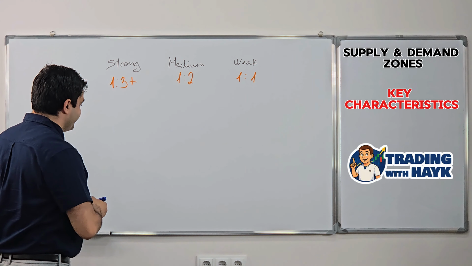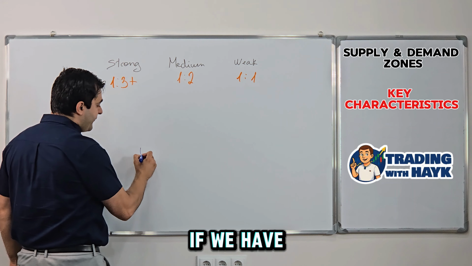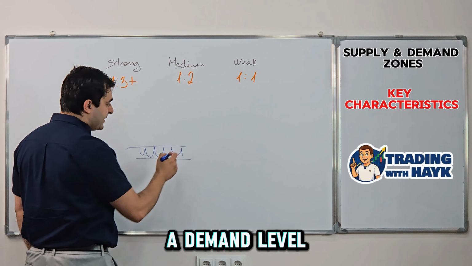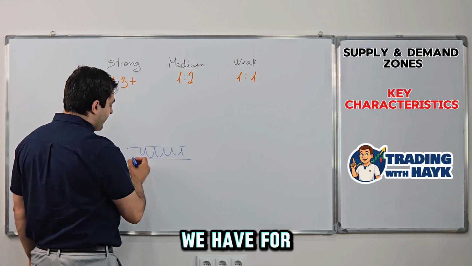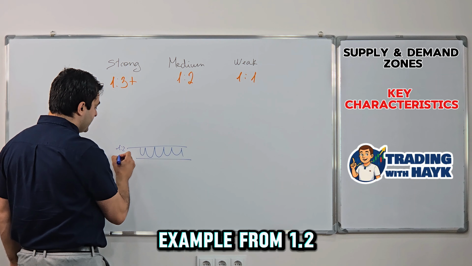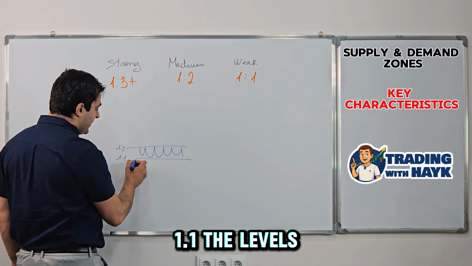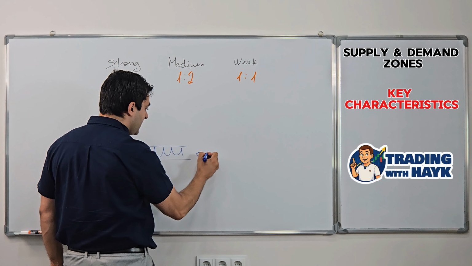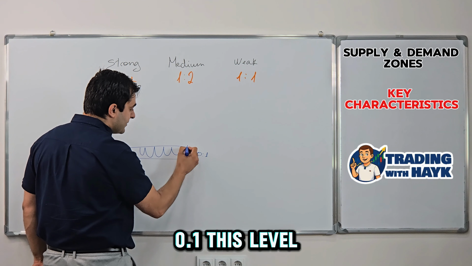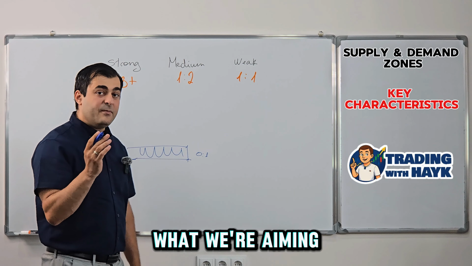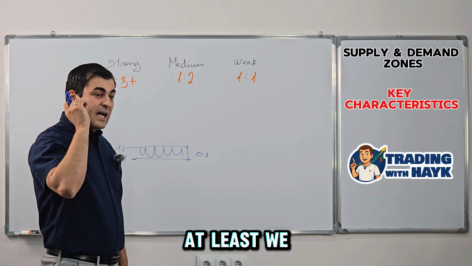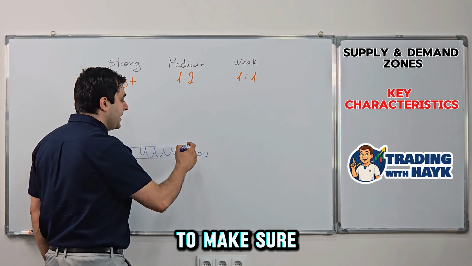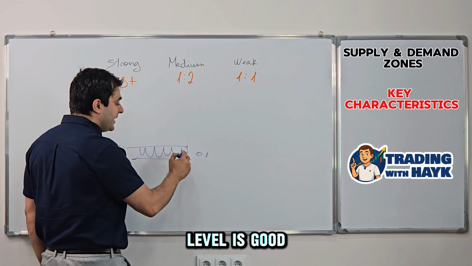For example, if we have a supply or demand level, let's say it's a demand level, we have, for example, from 1.2, 1.1, the levels, right? So it's basically 0.1, this level. What we're aiming for is that at least we need a 1-to-3 ratio to make sure that the demand level is good.